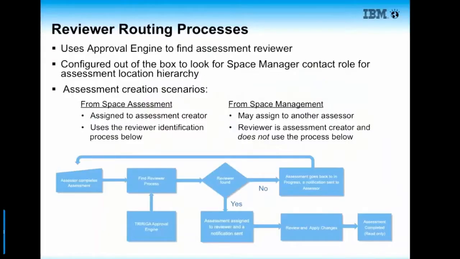Okay, I'm going to talk about a routing process, like how the reviewer will be found by the process, and how we implemented the reviewer finding process. Basically, we are using the approval engine to identify the reviewer. In addition to the existing approval engine, we wrote another workflow to find only the reviewer part, instead of sending notifications and all those things to the end user.